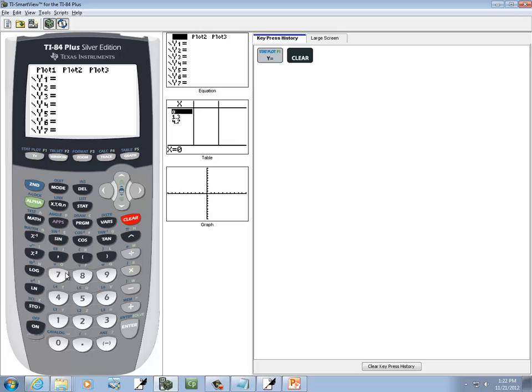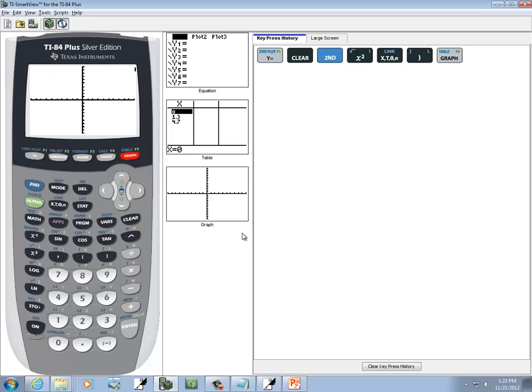I think it's yellow on a TI-83. I'm just doing this from memory. So I see above the x squared there's a square root symbol. To get to it, I press the second button one time and then push the x squared. Put the x in, put a closing parenthesis. Closing parentheses are actually optional on a TI-83, TI-84. And then graph.